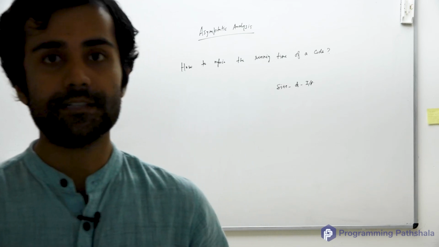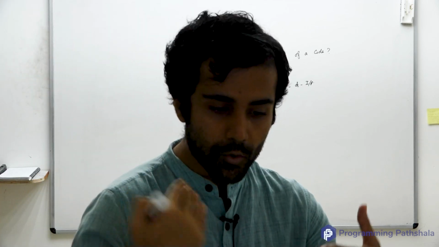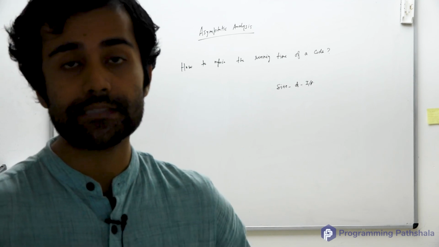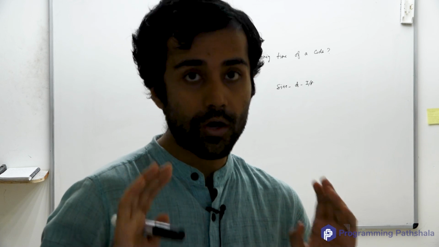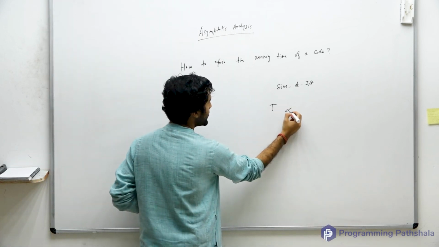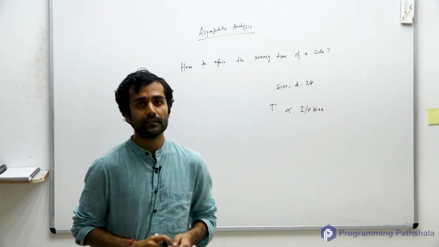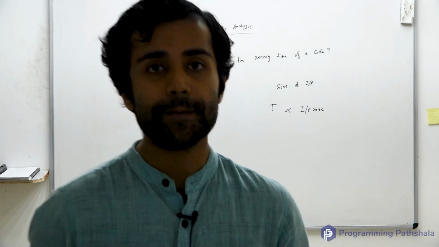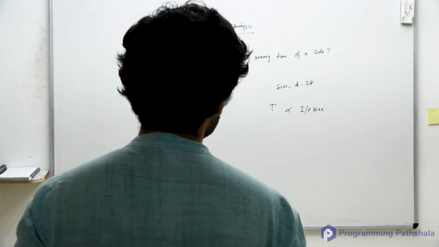Because it is very evident that if you have a code that sorts an array, and the array size is small, it will take very little time, and if the array size is huge, it will take a very long time. So one thing that all of us should know is that the run time is directly proportional to the input size. If the input size increases, then the run time also increases. I hope this is clear to everyone.